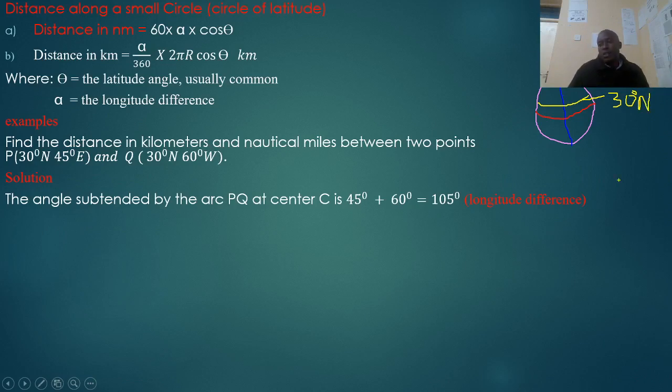If I have my 30 degrees north there, and then I also need 45 degrees east. East is towards this side.